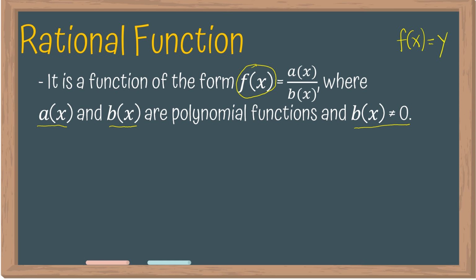Okay, so let us have examples. So first one, you have f of x is equal to x squared plus 6x plus 9 all over x plus 3. Another example, we have f of x is equal to 1 over x squared.